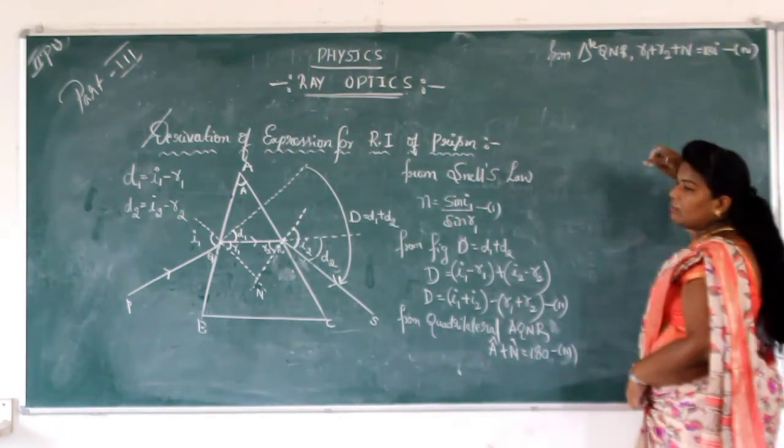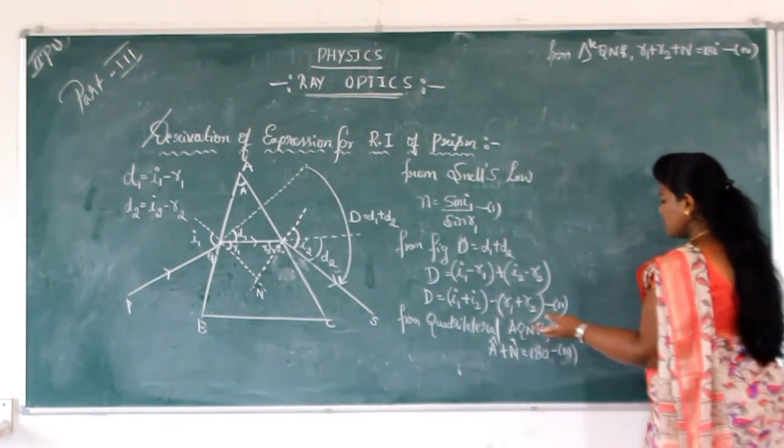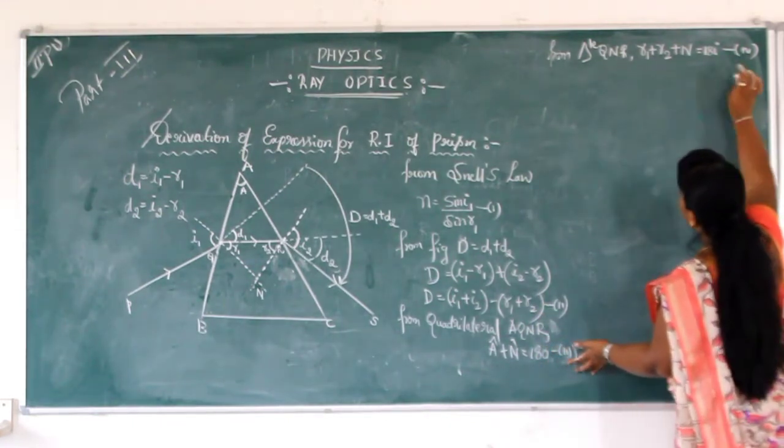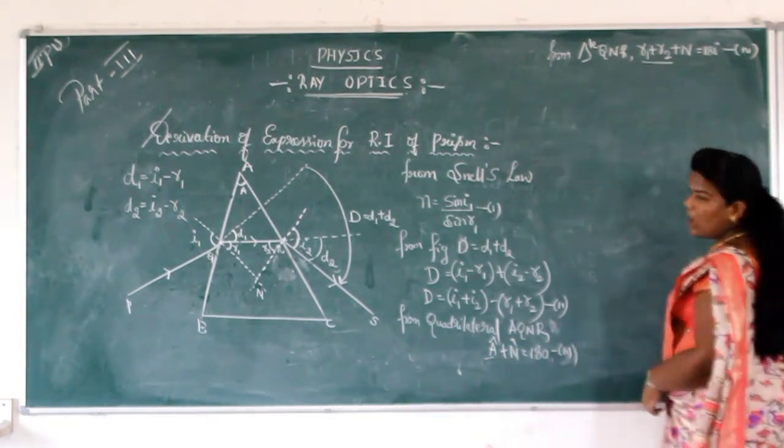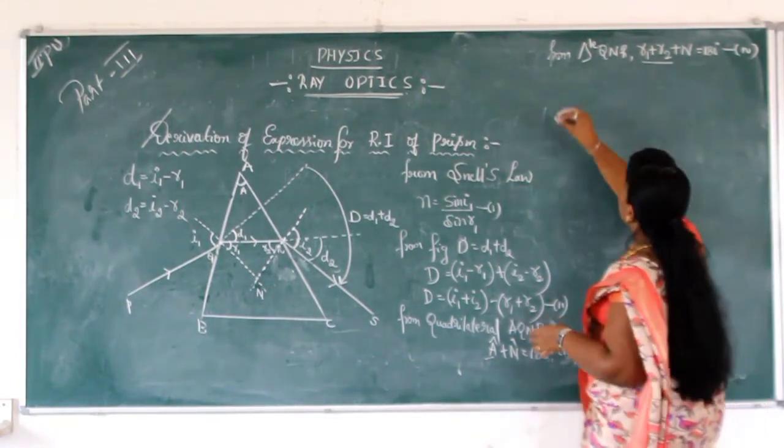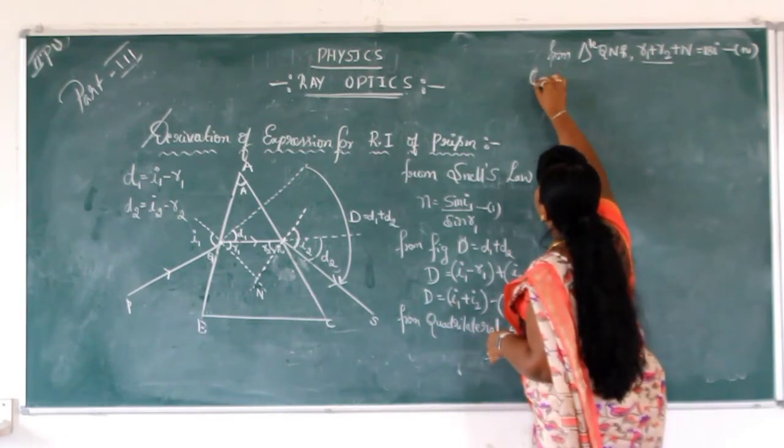Take it as equation number 4. You can observe that in equation 3 and equation 4, in place of A we have R1 and R2.